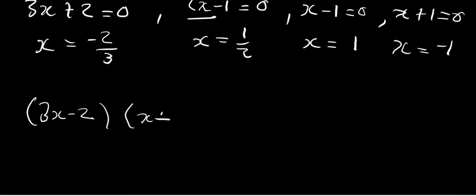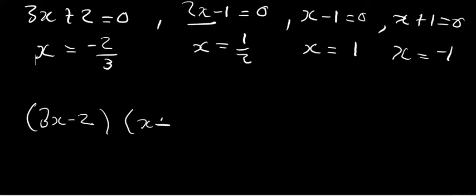Let me go up a bit where we found the half. Okay, it was 2x minus 1, then the other one is x minus 1, then the other one is x plus 1.